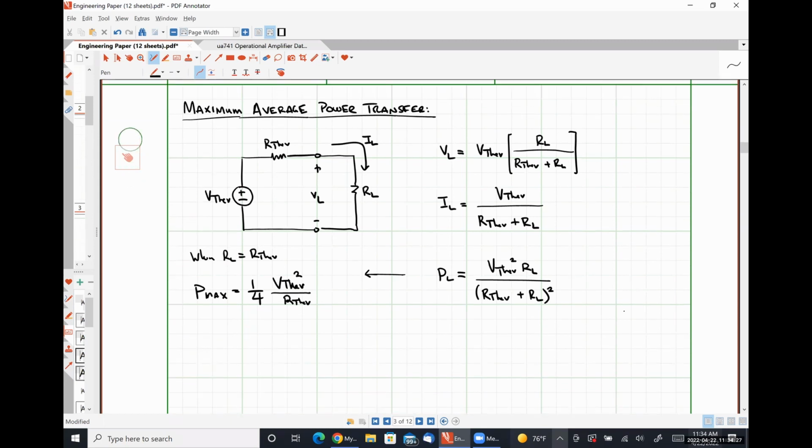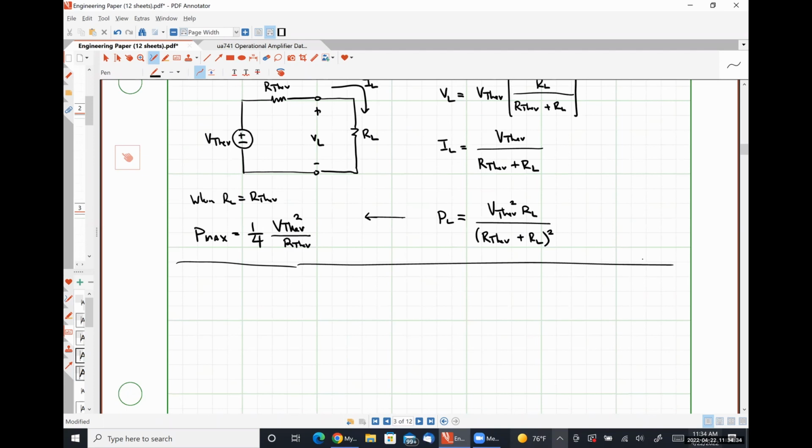So if we had a steady state sinusoidal circuit that we could represent by its Thevenin equivalent, meaning that we would have some phasor voltage V Thevenin in series with some impedance Z Thevenin, our goal here is to determine what load impedance ZL causes the maximum transfer of average power.